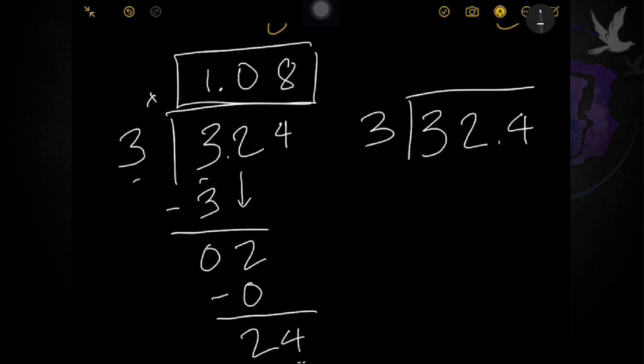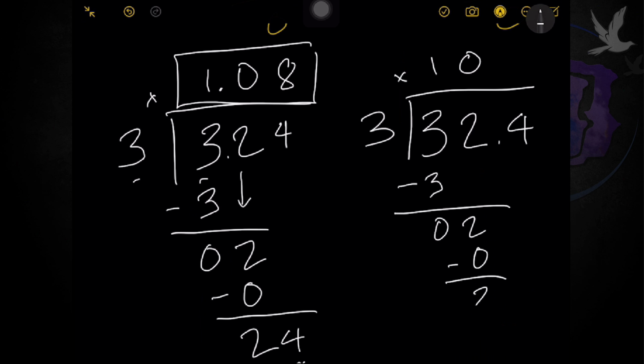Now, how will our answer differ with the given example to our right? 32.4 divided by 3. Okay. So 3 divided by 3 will give us 1. You are doing the usual process lang. 1 times 3 will give us 3. 3 minus 3 is 0. Bring down 2. Not possible. So that's just 0. 0 times 3 is 0. 2.